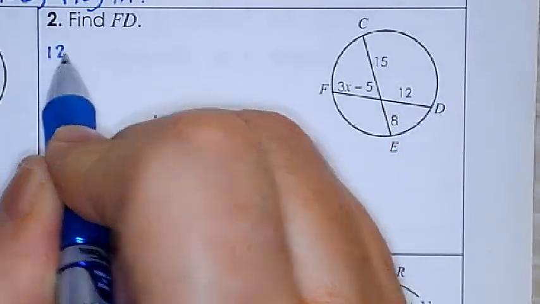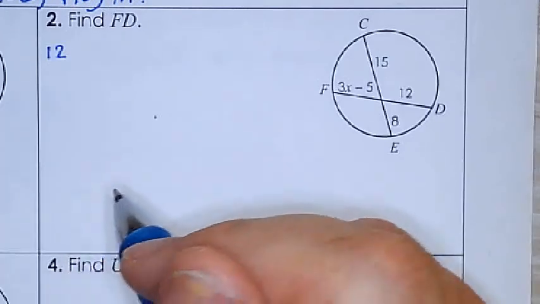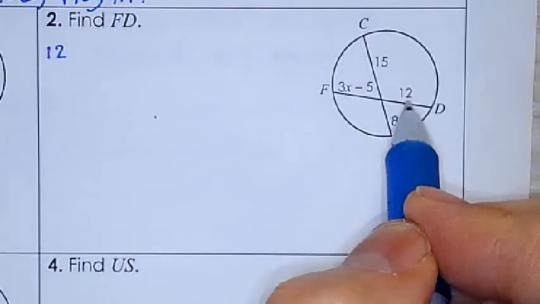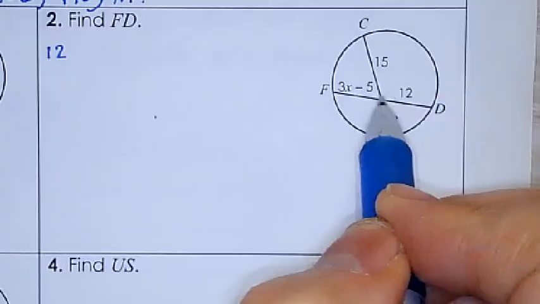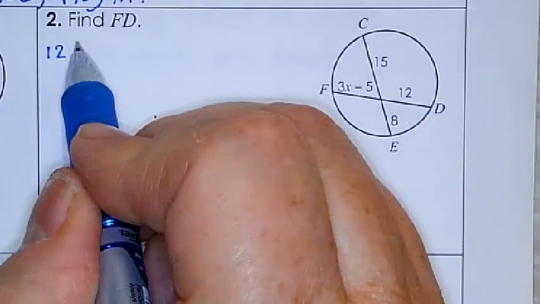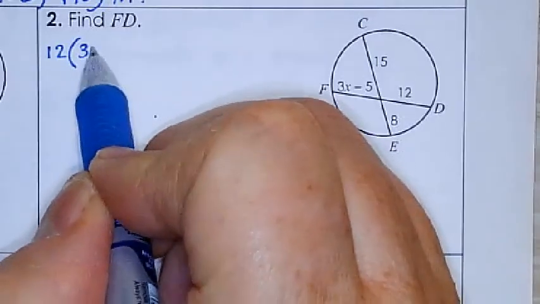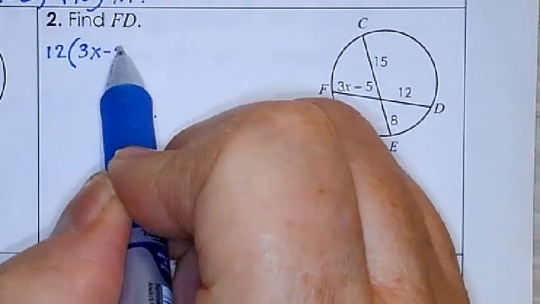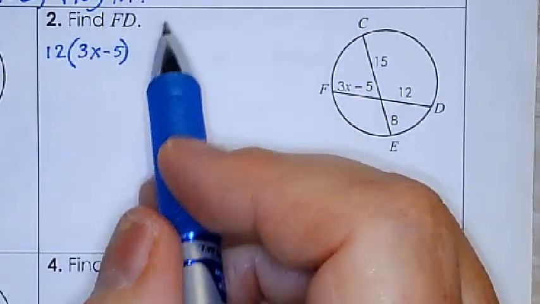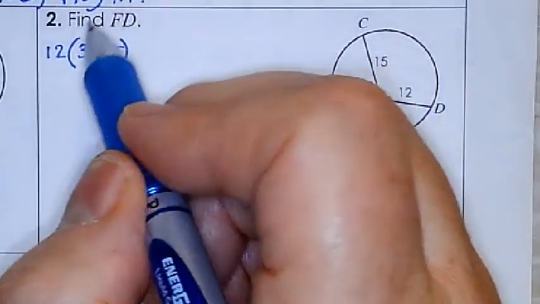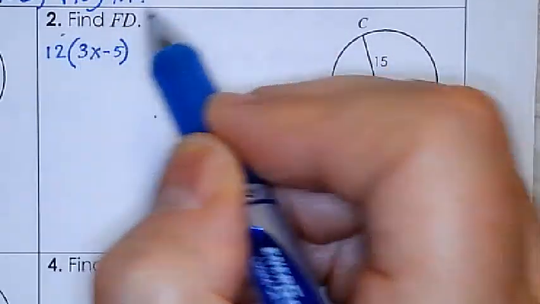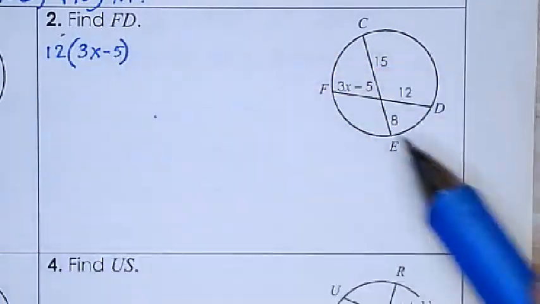And what am I going to multiply 12 by? Yeah, and we say parentheses 3x minus 5 close parentheses. Why the parentheses? Because that ensures us to multiply 12 times 3 and 12 times the negative 5. But we have to finish the equation before we get ahead of ourselves.